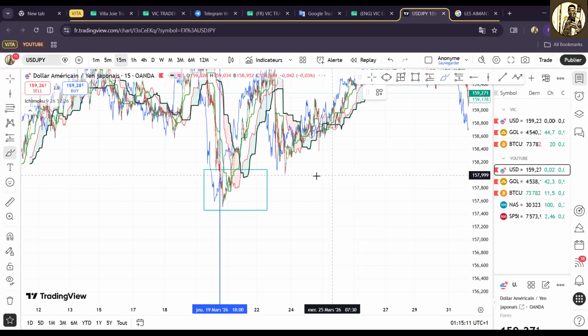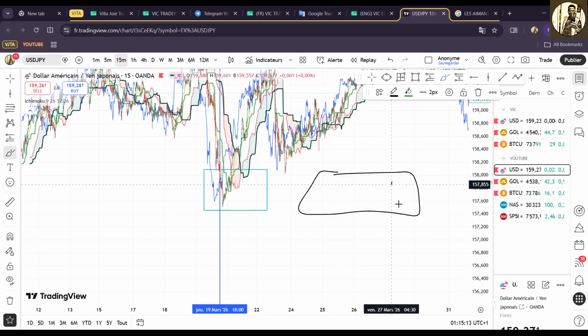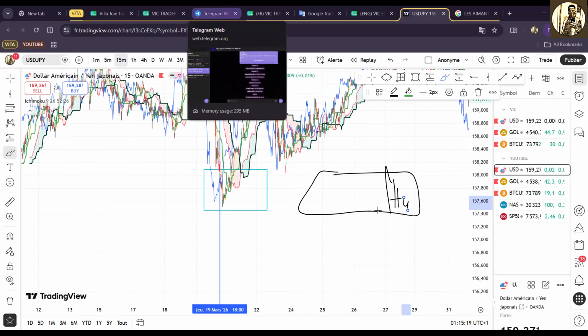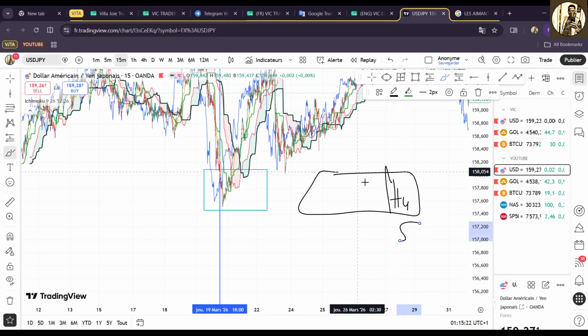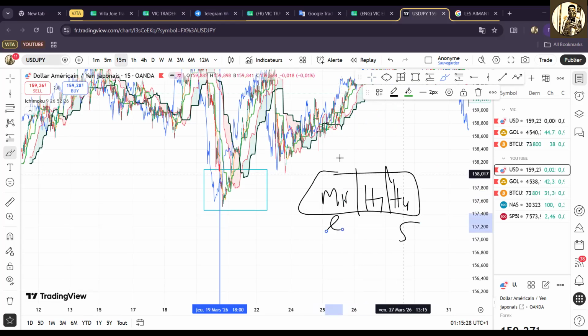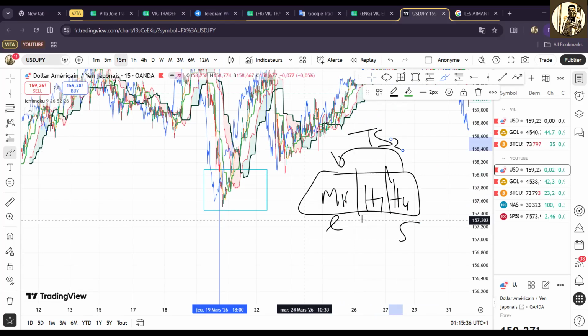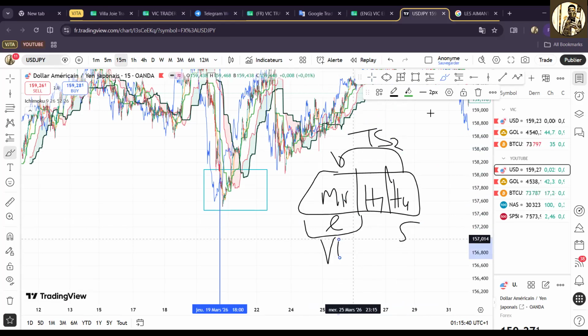You look at the setup, and then you have H1, this 15 minutes. You have the entry here. So first of all, you do the TS2 for the Vegeta Ishimoku cycle, and inside the entry time frame, which is 15 minutes, you use the Vegeta Ishimoku cycle, okay?